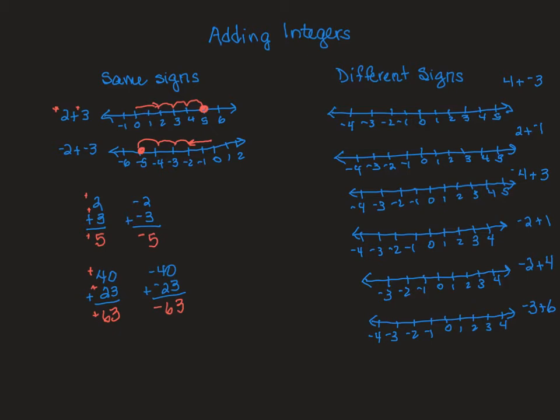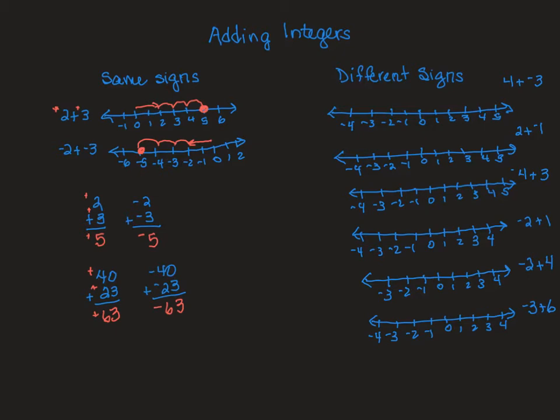Now, if the numbers have different signs, it's a little bit different. So I'm going to do several problems, and I want you to notice how this is working. The first problem is 4 plus negative 3. Now, negative is in a negative direction, right? So negative is going to be to the left.